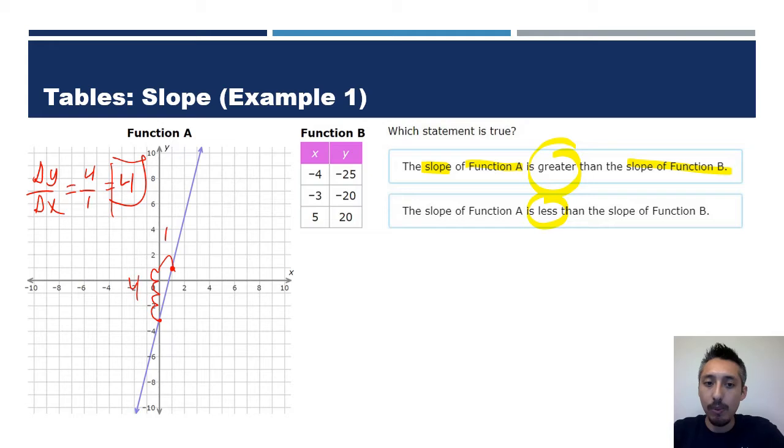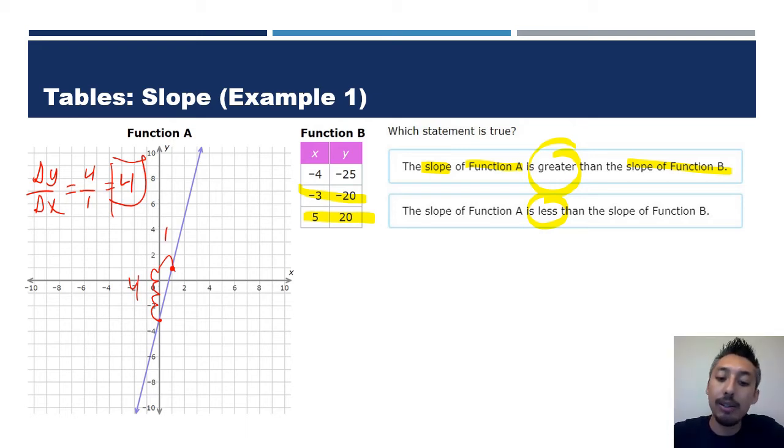Here we have x and y, but they're technically just points. We have 3 options. We only need 2 of these. I'm definitely going to use this one right here, 5 and 20, because they're both positive numbers, and that's going to make the problem a lot easier. The other one doesn't matter which one you choose. I'm just going to choose this middle one right here. So I have my 2 points.